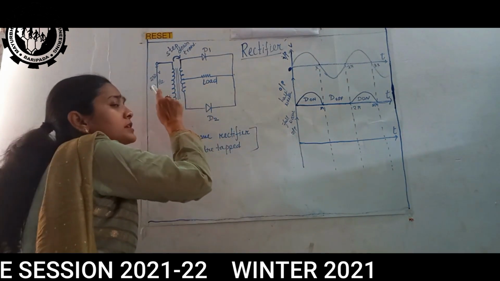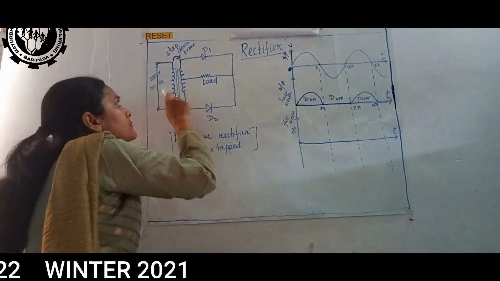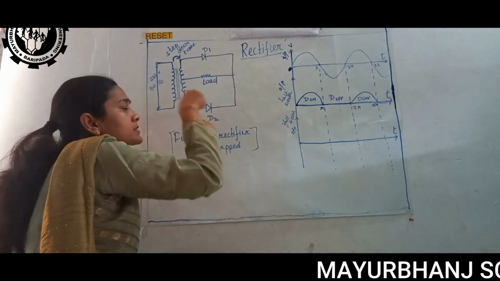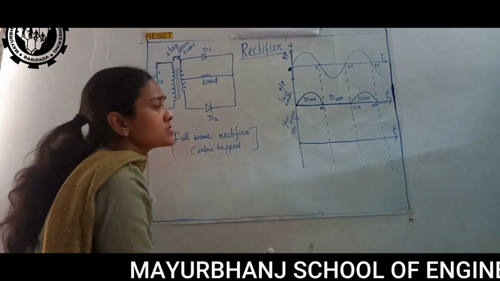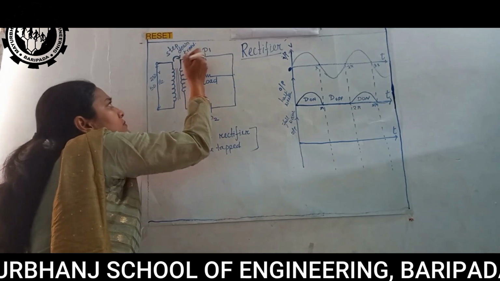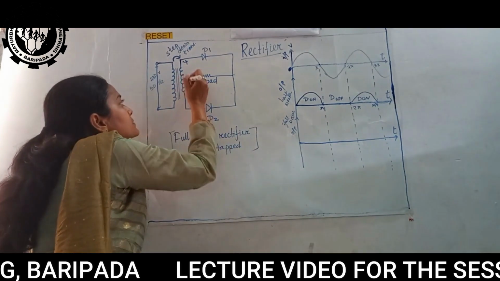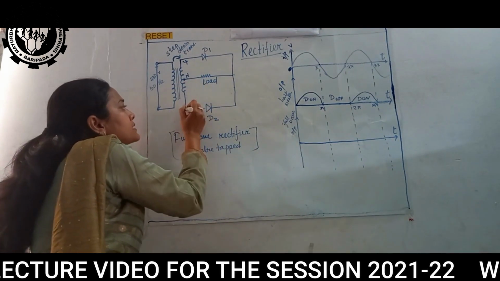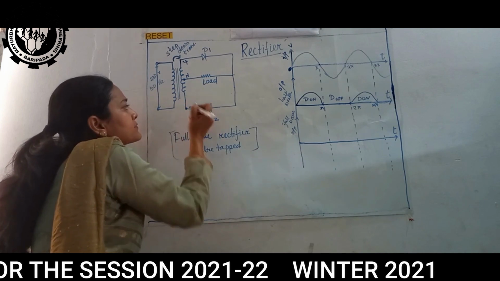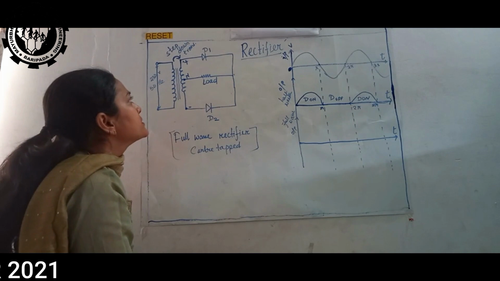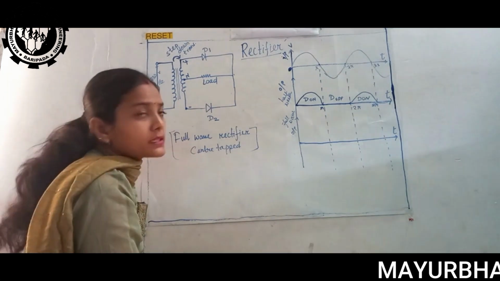So now when from the input side we are going to induce this to the secondary side, what happens? At this point this terminal becomes positive, this point becomes neutral, and this point becomes negative. So how will this conduct?